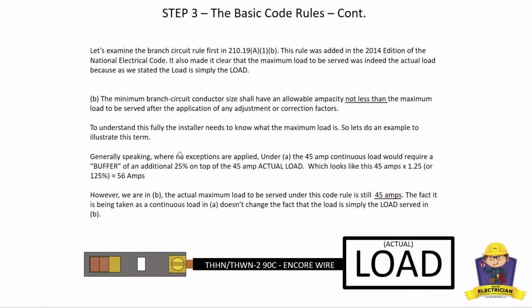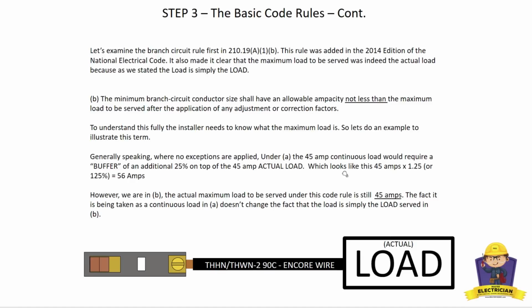All right, so we have to do that. Now let's talk generally about B. With no exceptions applied, if we had a 45 amp continuous load, then we had that buffer of 25%, you would take the 45 amperes times 125%, which gives you 56 amps.